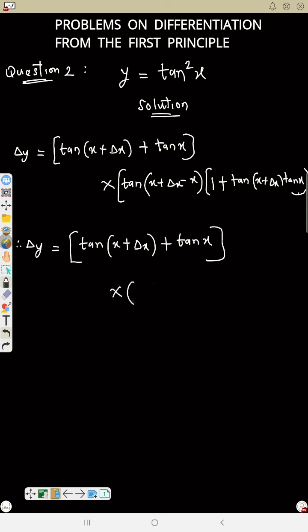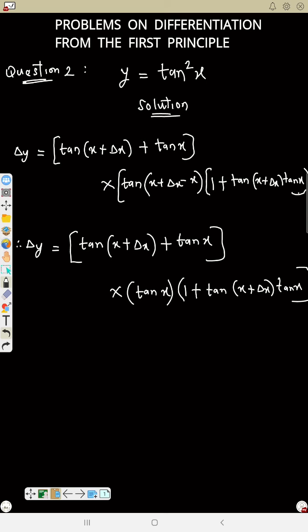So that is times, open brackets, 1 plus tan x plus dx tan x. So like this.